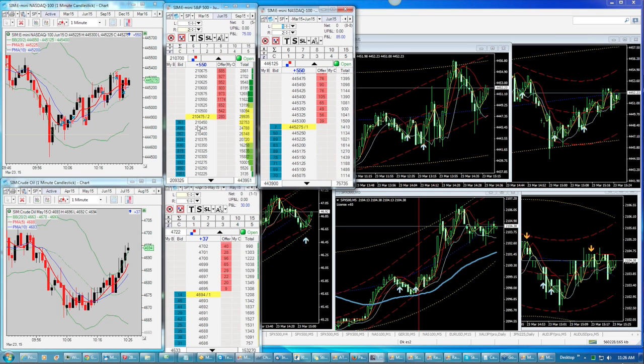You see that S&P, it's basically a 2-point range the whole hour.